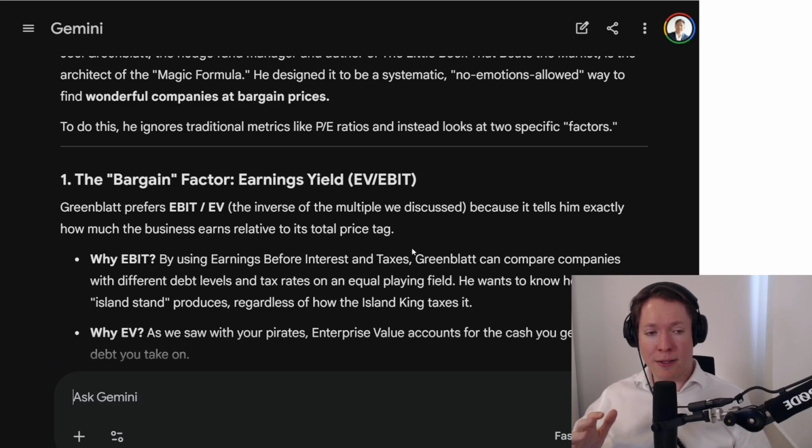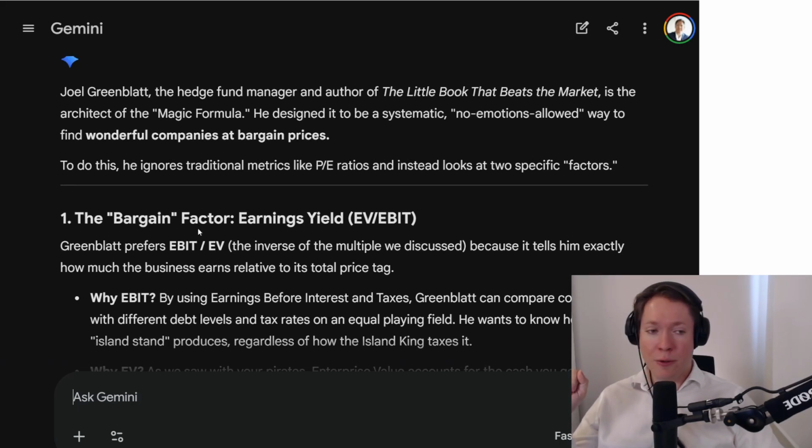Because taxes and interest can vary a lot depending on the situation of the business. But the EBIT, or the operating profit, is an easier way to compare businesses.